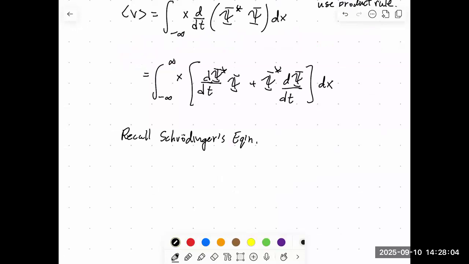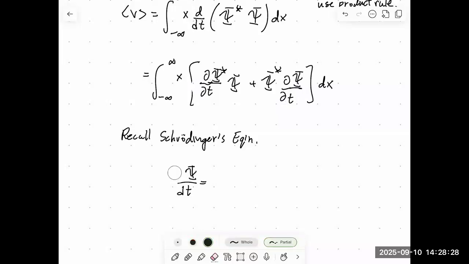And it was that the time derivative of the wave function was equal to, I guess these should really be partial derivatives because phi is a function of position and time. Let me be more careful with my notations.